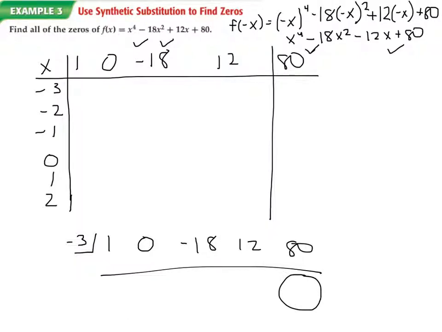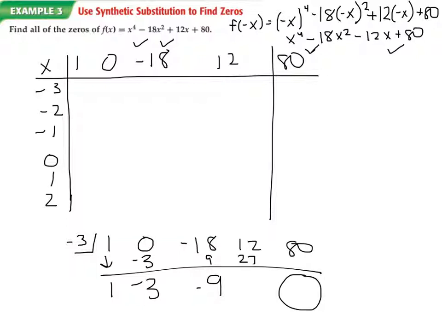So if I do negative 3, remember my 1 comes down, so 1, and then negative 3 times 1 gives me negative 3. 0 plus negative 3 is negative 3. Negative 3 times negative 3 is 9. Negative 18 plus 9 is negative 9. Negative 3 times negative 9 gives me 27.